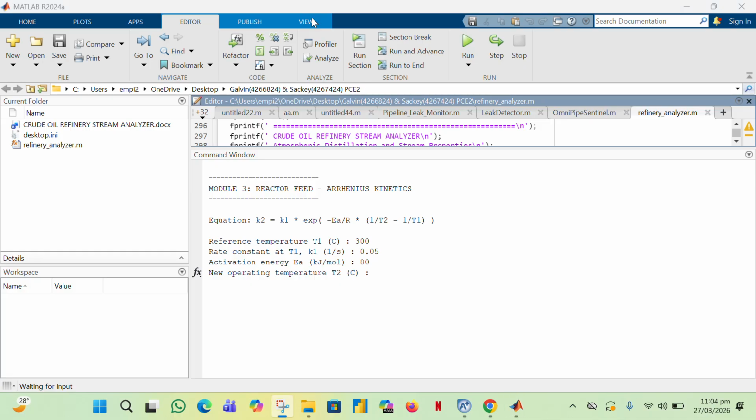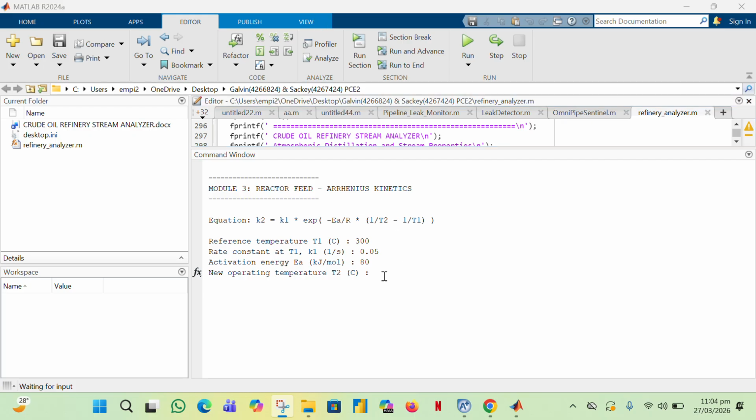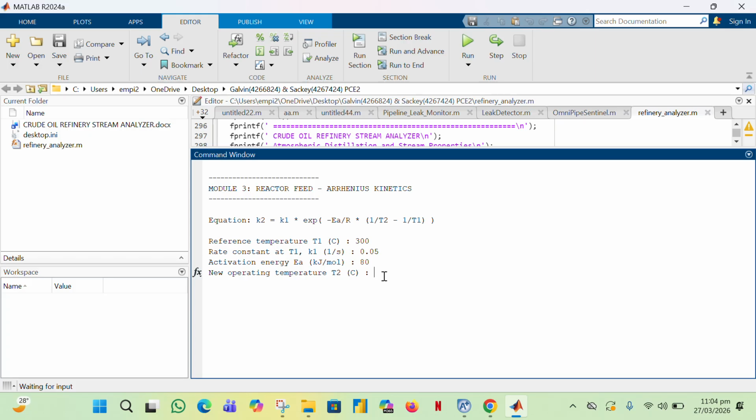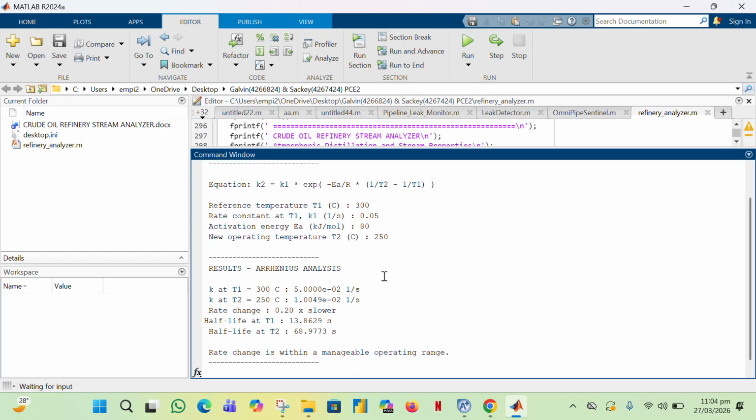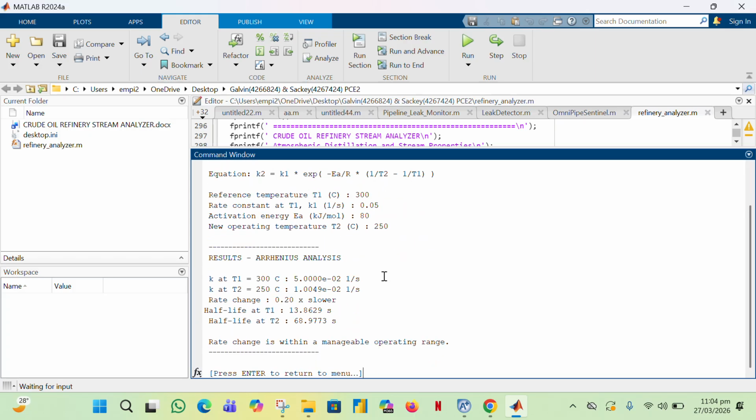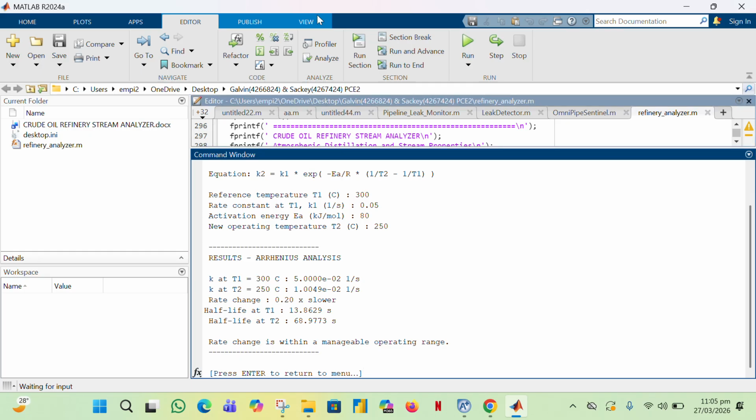Now it's asking for the new operating temperature, T2. Let's say the reactor temperature drops to 250 degrees Celsius, and we want to know how badly that affects the reaction. So let's make that 250, which is a temperature drop. Okay, so here are our results for the Arrhenius analysis.